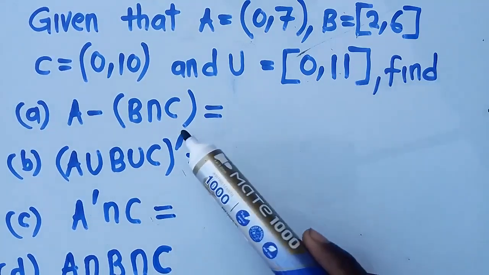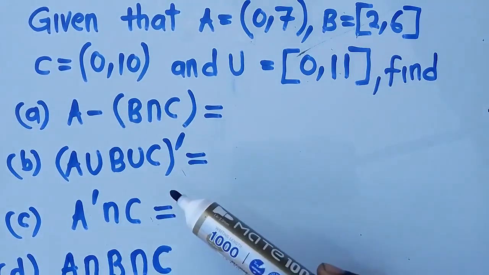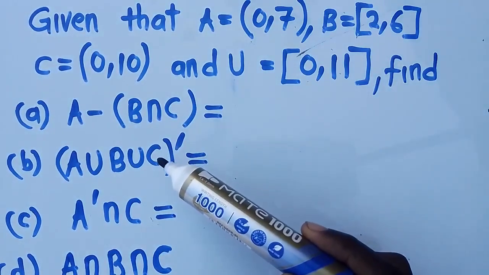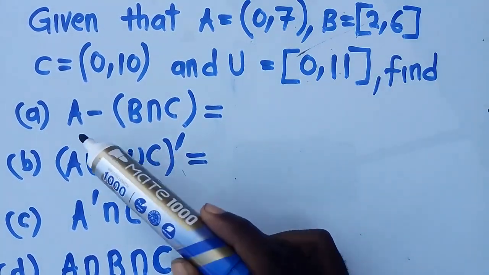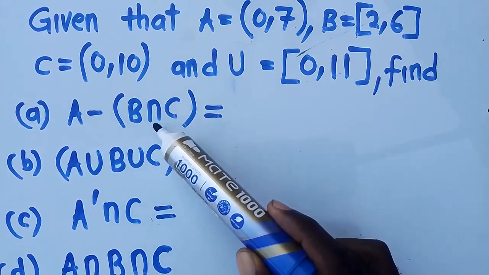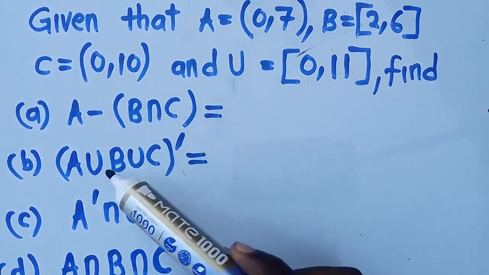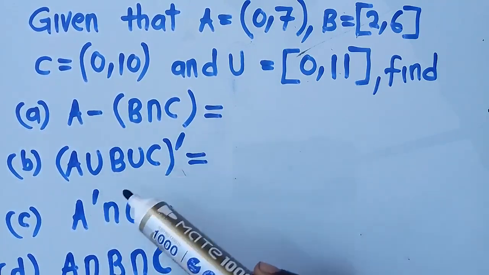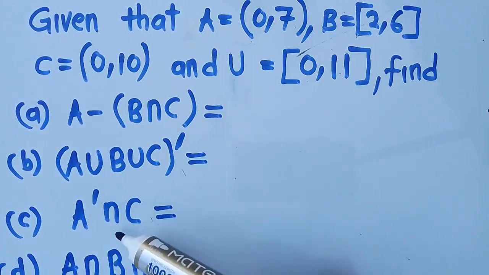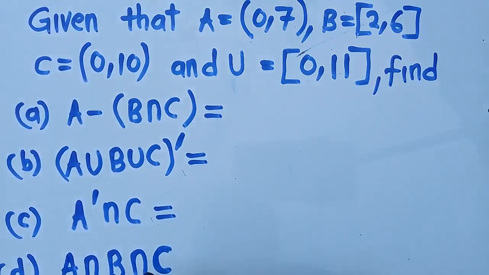So find, these are the questions which we are told to find. The first one is saying find A minus B intersection C, A union B union C in brackets, then A complement, A complement intersection C, then A intersection B intersection C. These are the questions we want to answer.